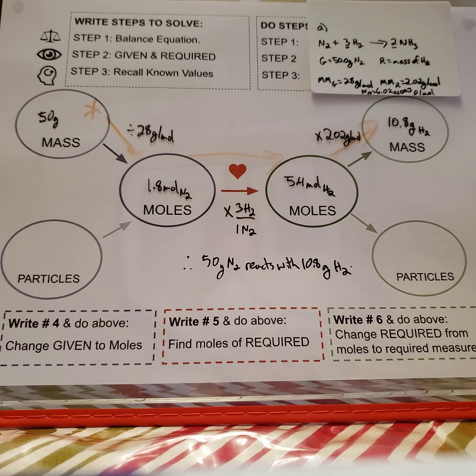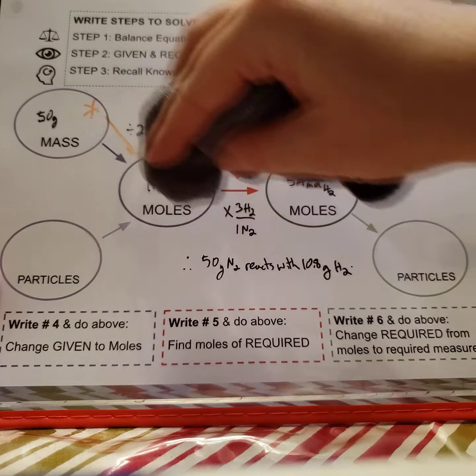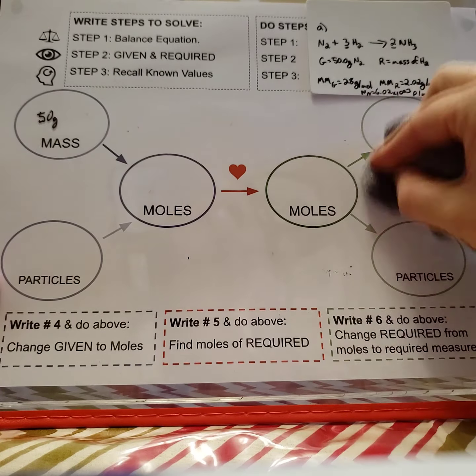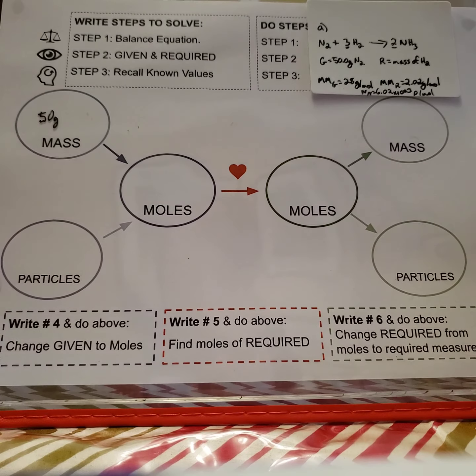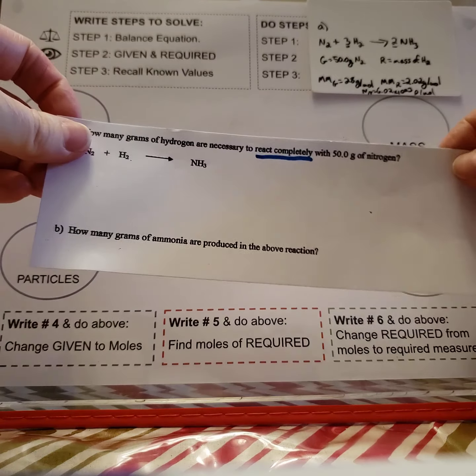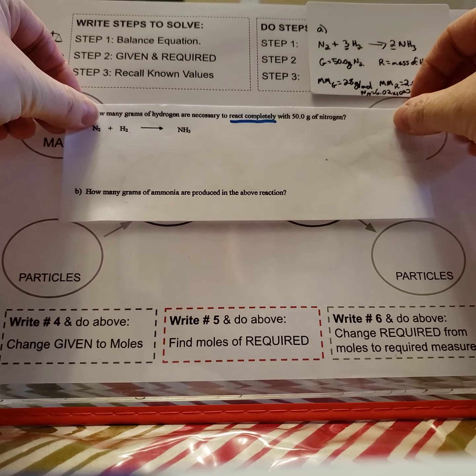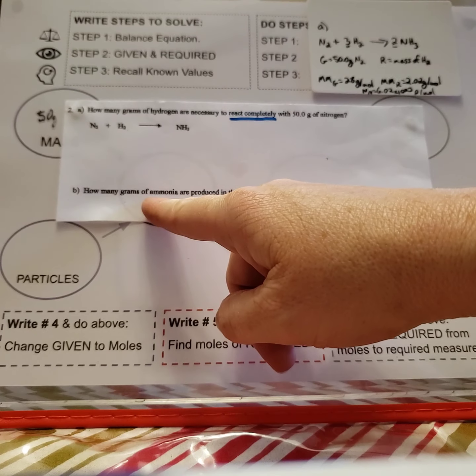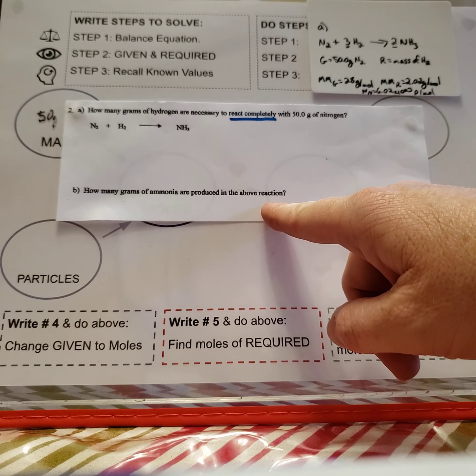Now, if you remember, just give you a minute to take a look at that. Okay, and you can pause when you come to this point in the video if you need to. So back to our problem. It had a part B, and we just ignored part B until we were done part A. So part B asks how many grams of ammonia are produced in the above reaction.